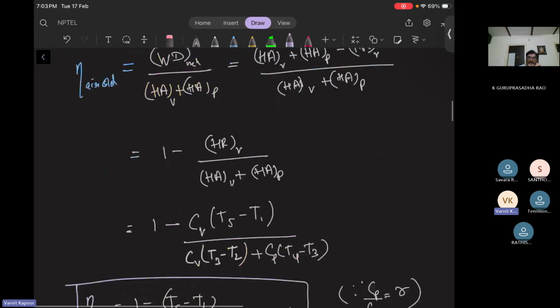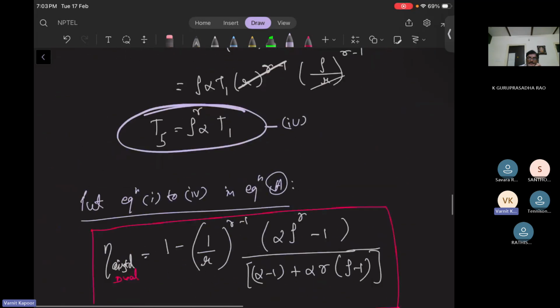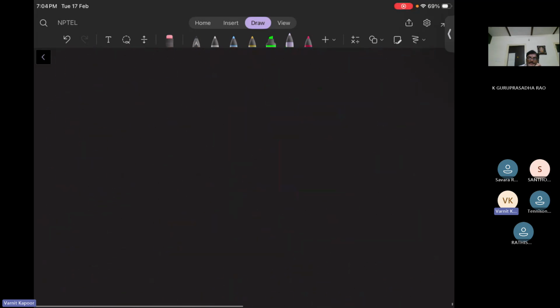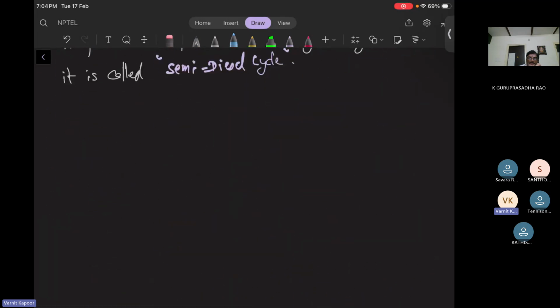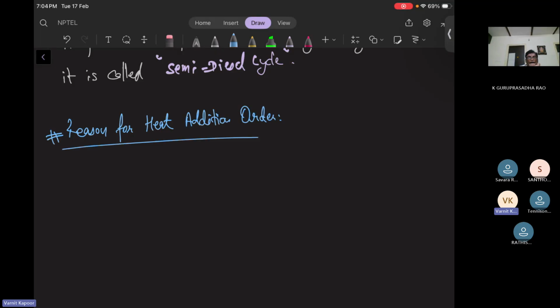Okay, all right, now let us see the reason for the order of heat addition in the dual cycle.